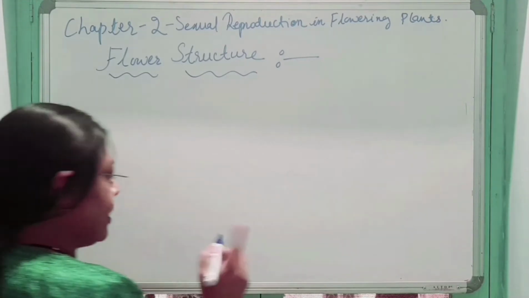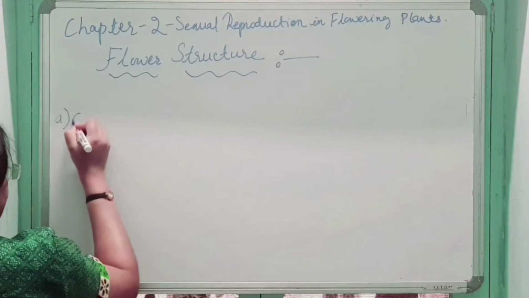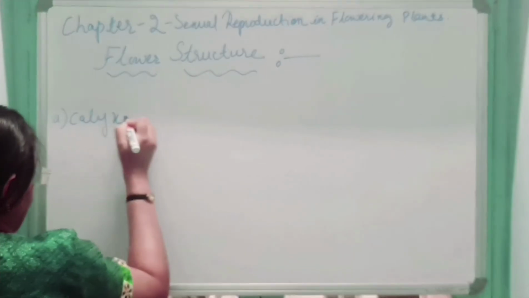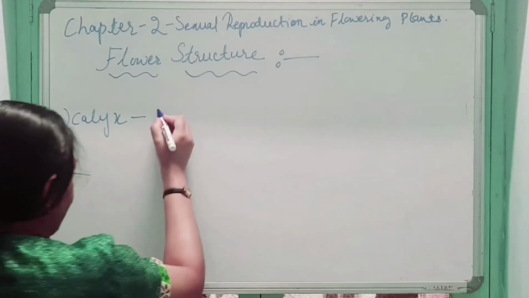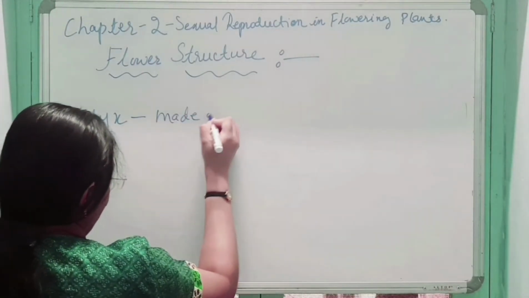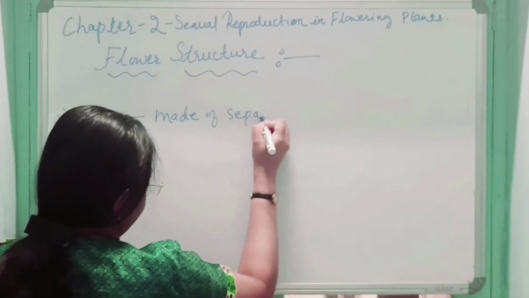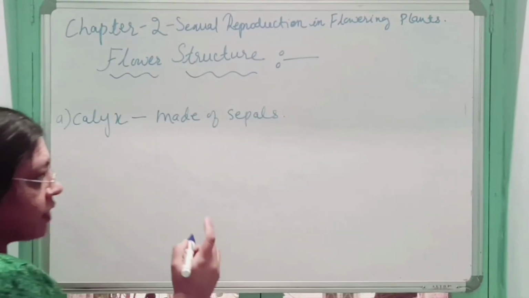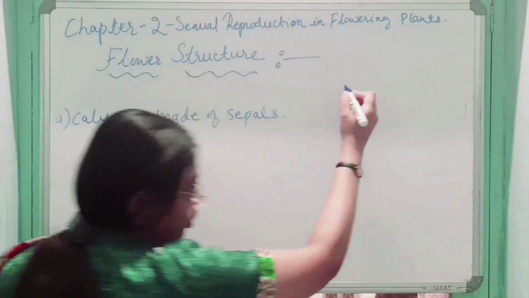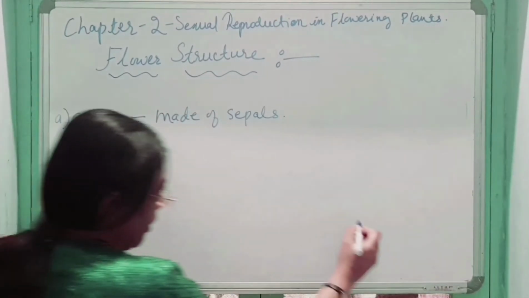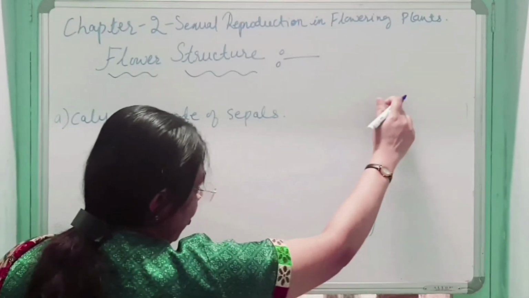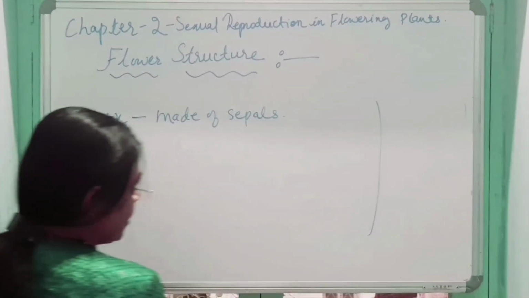So first part is calyx. As we have seen, calyx is made up of sepals. As we go from down to top, the sepal is the first part.